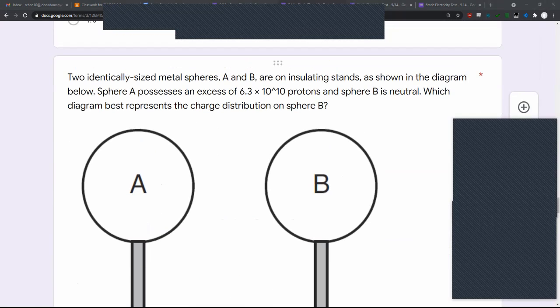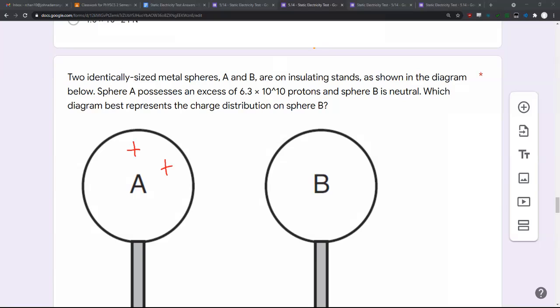Sphere A has a lot of protons, much more protons than electrons, an excess of them. And sphere B is neutral, which means it has an equal amount of electrons and protons.